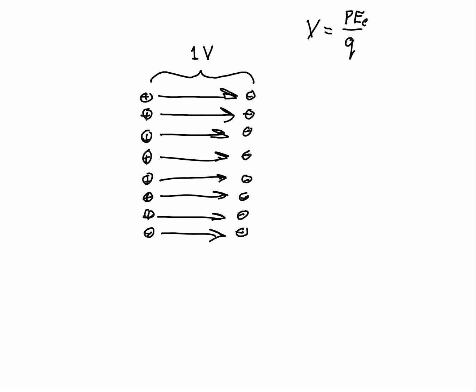And by the way, I forgot to talk about units. Voltage is a potential energy divided by an electric charge. So in terms of units, that means it is some number of joules per coulomb, and a joule per coulomb is conventionally just called a volt.